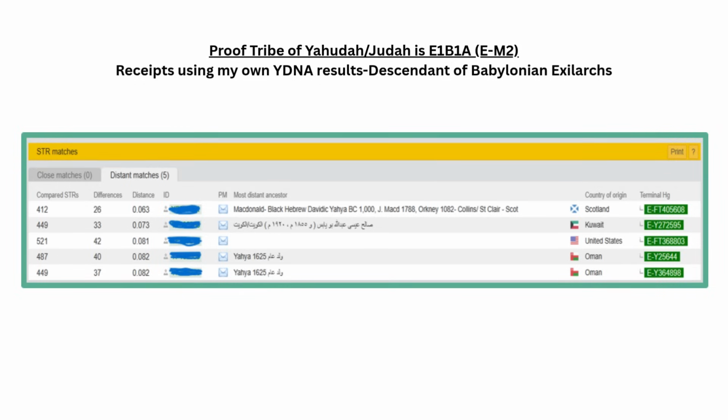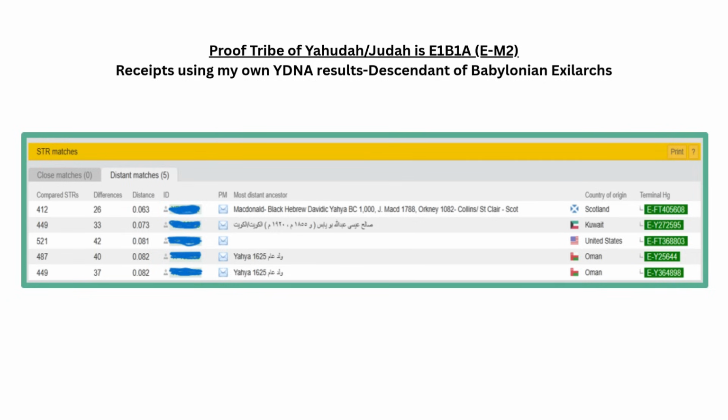Now, these are all descendants of Dawood, of King Dawood, who they call King David. And I'm going to show you in a minute how that ties into the Yahya last name.